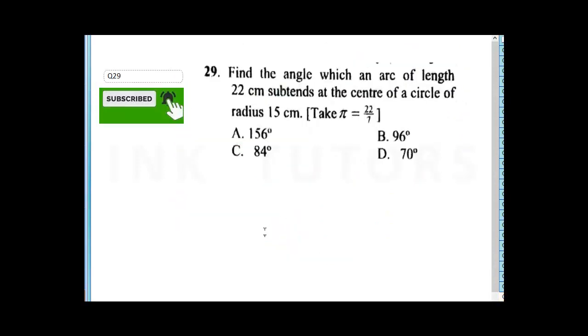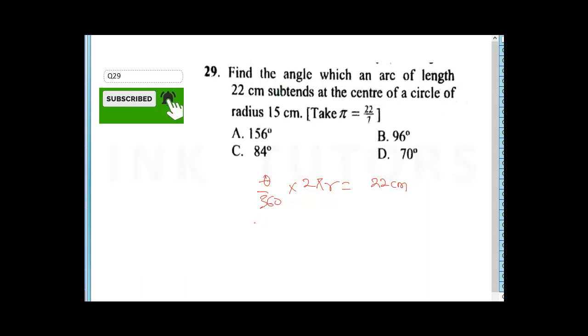Now it says find the angle which an arc of length 22 cm subtends at the center of the circle of radius 15 cm. Now remember, we solved a problem on length of arc which says theta over 360 times 2 pi r, but now they are telling us the length of the arc is already 22 cm, so we need to find the angle.